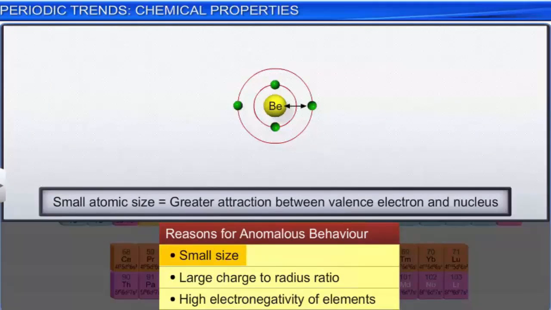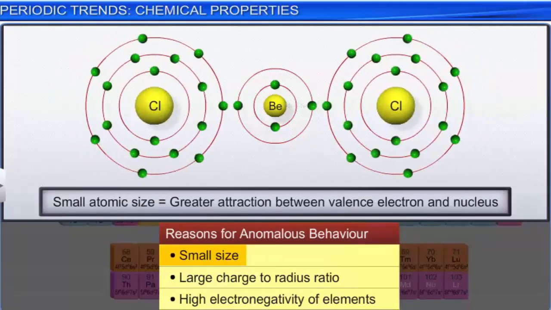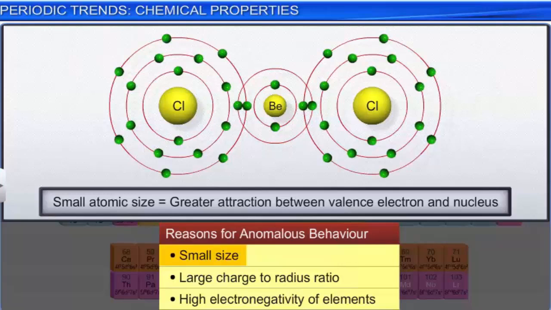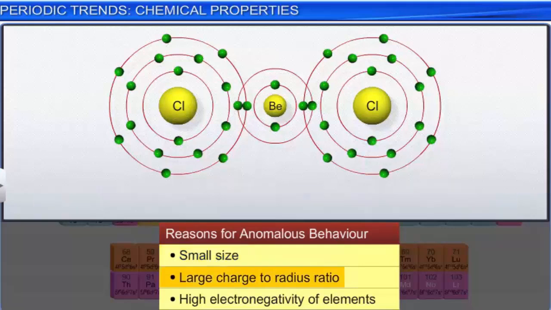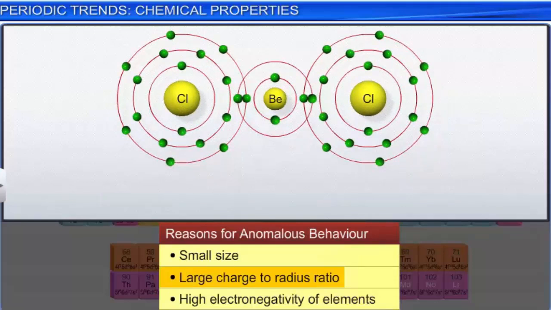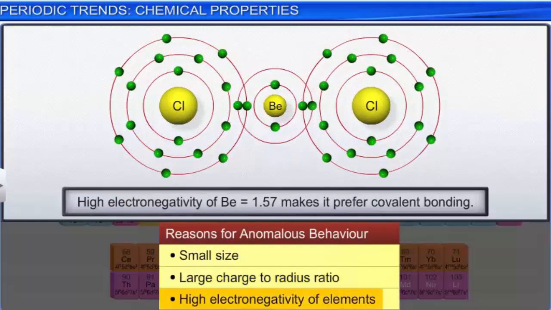So while forming compounds, the atom tends to share its electrons with other atoms, rather than losing them completely. Large charge to radius ratio means that the ion of the atom has a higher charge sitting on a small-sized atom, a condition that favors covalent bonding. High electronegativity means that the atom has a higher attraction for shared electrons. This again makes covalent bonding favorable.